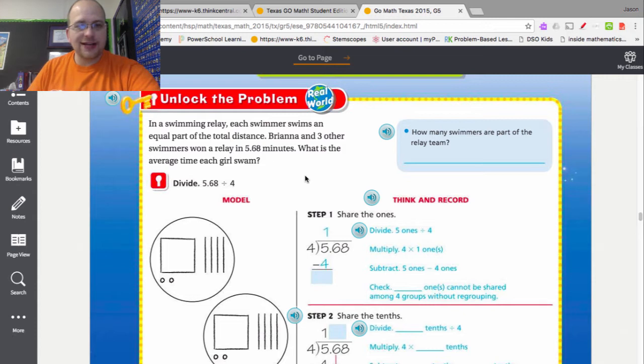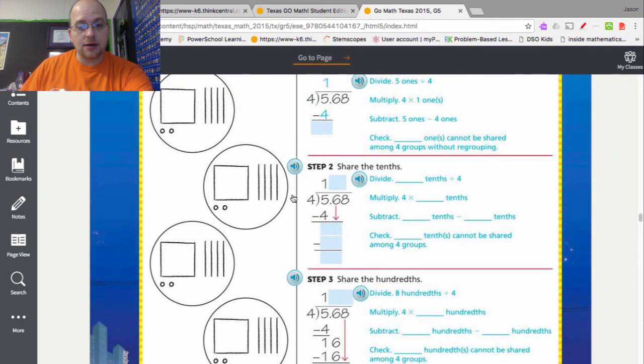And that total time was 5.68 minutes. So if we want to find an average, that means that we just want to find out how long each one of them would have gone, or how fast would each one of them have taken if they each did the same amount. So that's a division problem, and we can show a model right here.